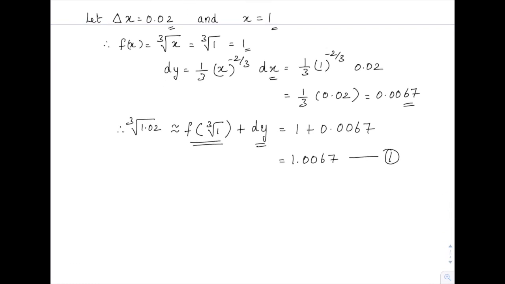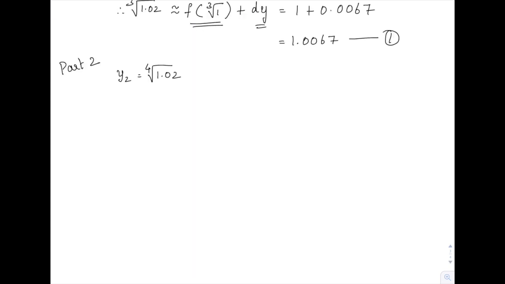The part 2 is y2 is equal to 4th root of 1.02. So here I will take this as y. So let y is equal to f of x, which is equal to 4th root of x, which I will write as x to the power of 1 by 4.